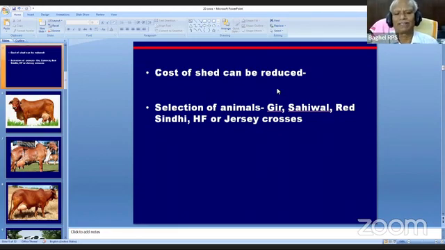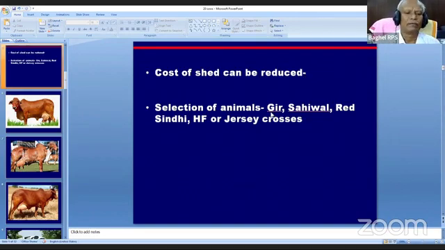Now regarding the cost of the shed, the amount invested in construction can vary. It may be much higher depending on the money you can invest, because if you want an excellent shed, it will certainly require a very large amount of money.